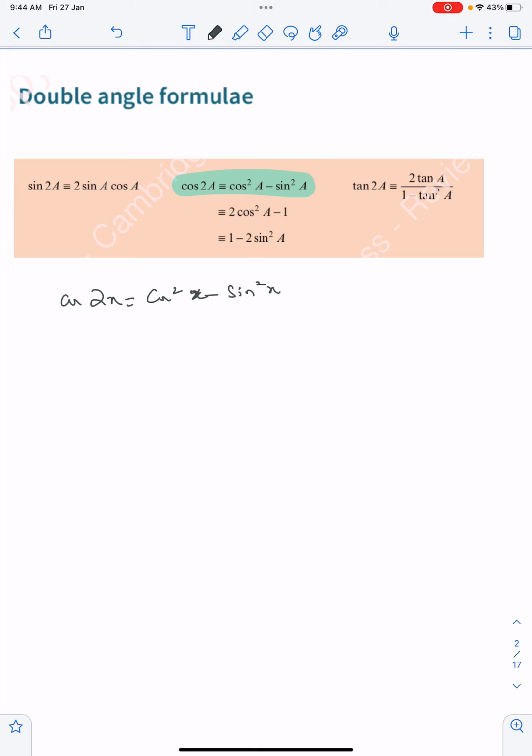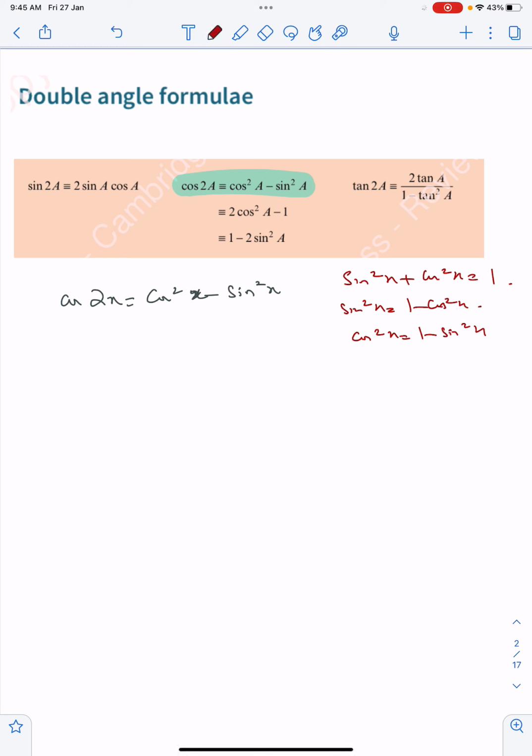Now, we all know the basic identity: sine square x plus cos square x equals 1. So sine square x is 1 minus cos square x, and cos square x is 1 minus sine square x. If I want to find cos of 2x in terms of cos square x only, I substitute sine square x by 1 minus cos square x.